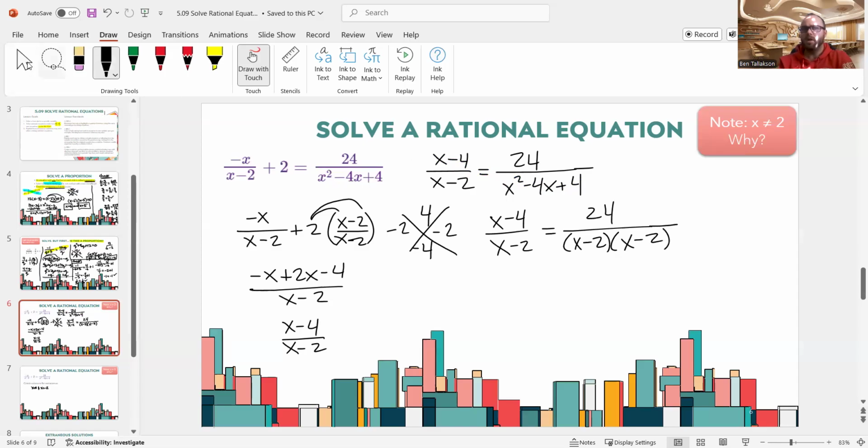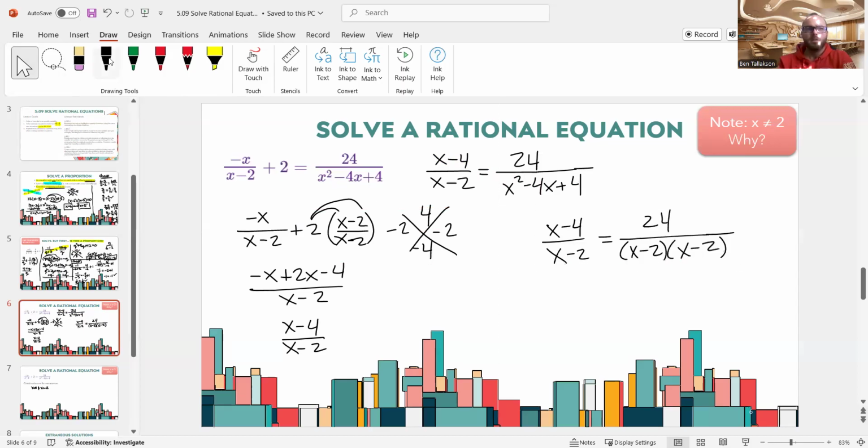So the best way I'm seeing is to get these to have a common denominator. And you'll see why in a second. So we're missing an x + 2 over here, right? And here's the reason. If you can get all of the fractions in a proportion to have a common denominator, you can get rid of all of them.